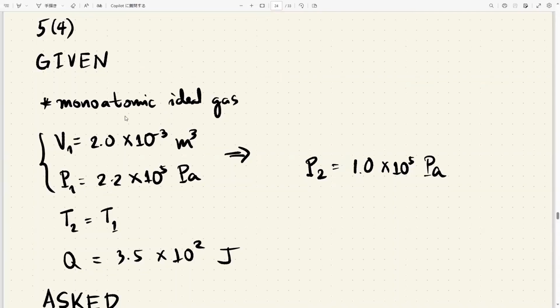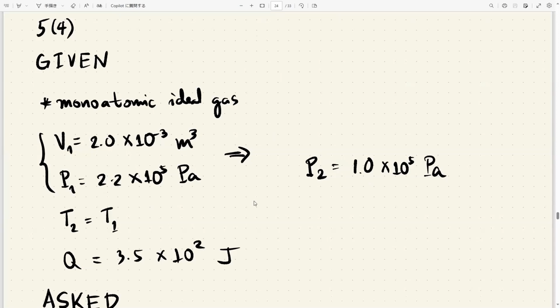We have a monoatomic ideal gas. The volume is 2 times 10 to the minus 3 cubic meters. The pressure of the gas is 2.2 times 10 to the 5th pascals. Now, the gas is allowed to expand, and the pressure reduces to 1 times 10 to the 5th pascals.